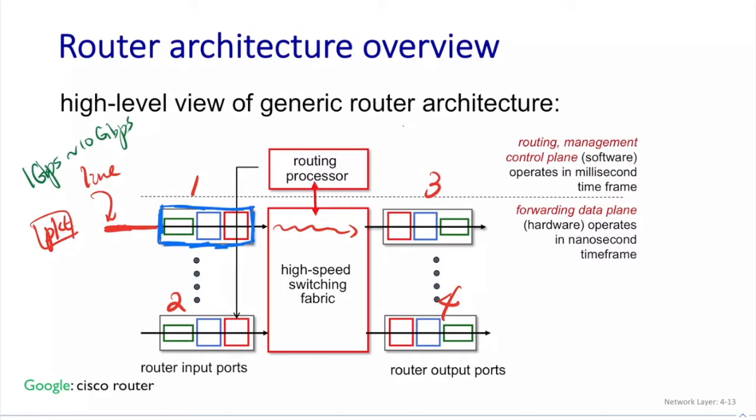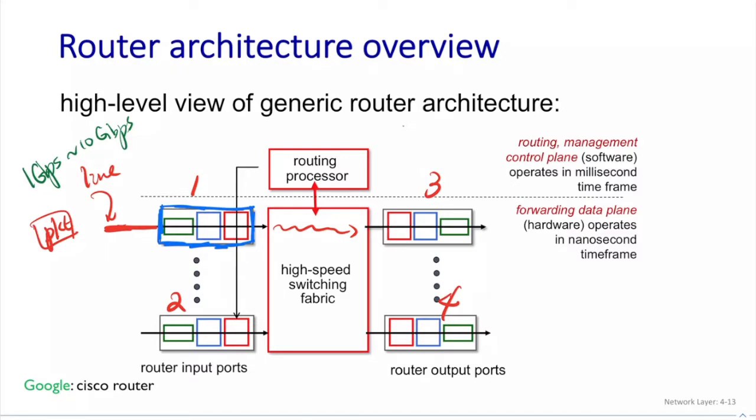So when this input port receives a packet from the line, it should pass the green component, the blue component, and the red component. After that, we have to decide where the packet should go, to port 3 or to port 4. So there should be processing right here.